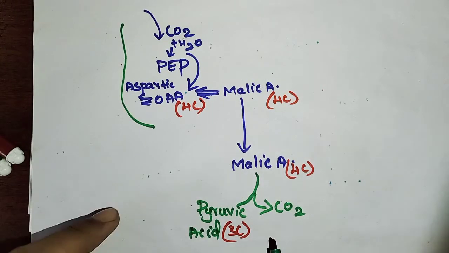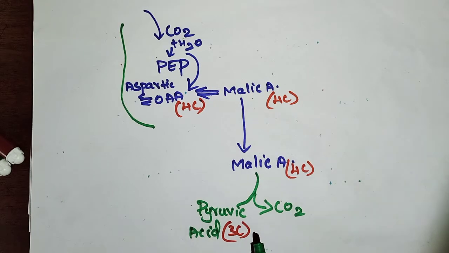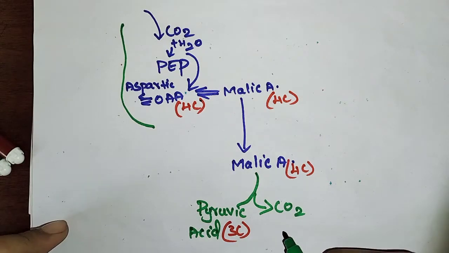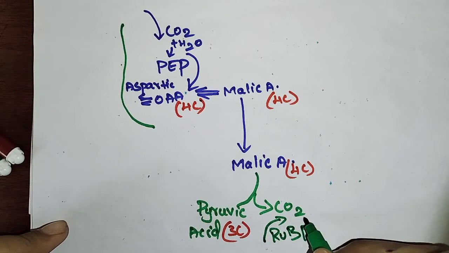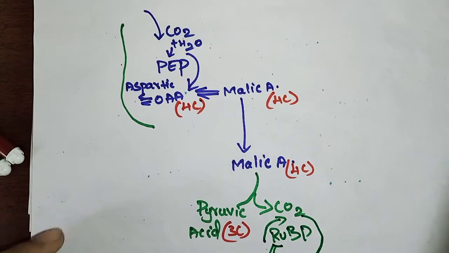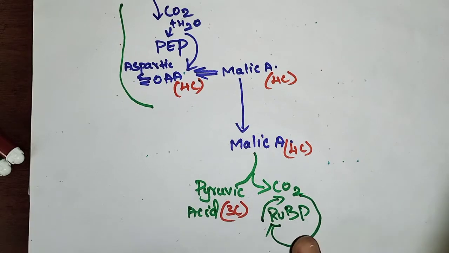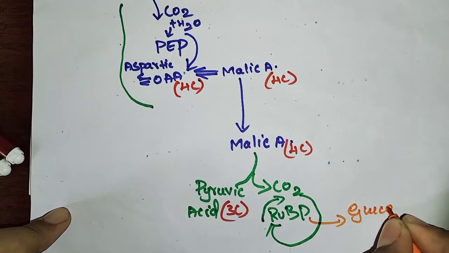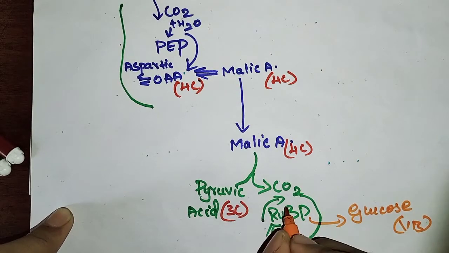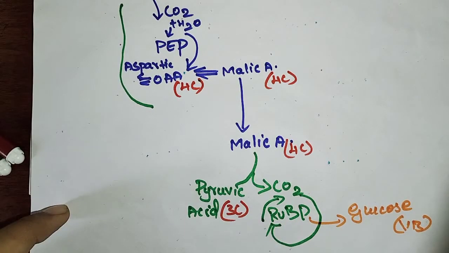I told you in the bundle sheath cell only the C3 cycle takes place. So this carbon dioxide is used by the RuBP and here the Calvin cycle takes place. Some of the glucose goes to the vascular bundle, and the rest is used for the regeneration of RuBP.